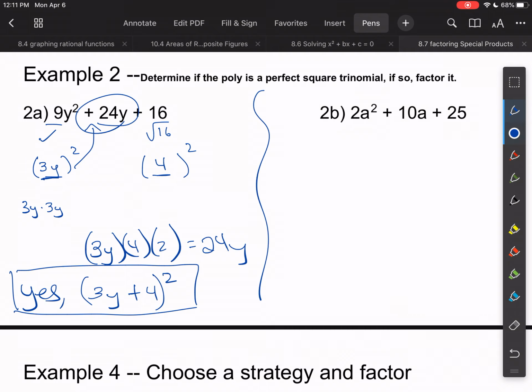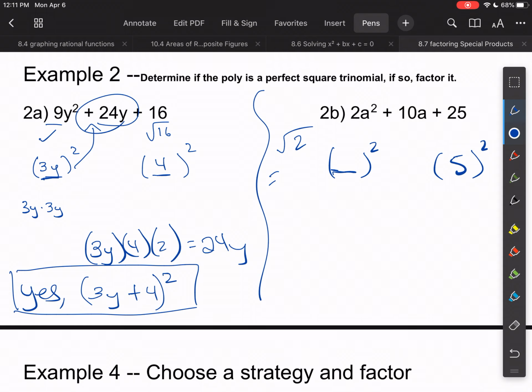I encourage you to try 2b on your own and then pause the video and then come back to it, but here we go. Can I rewrite 2a squared as something squared and 25 as something squared? Well, this can be, but what times itself gives me 2? There is no square root of 2. I mean, there is. It's some kind of decimal, right? So there's not a nice number that we can use for the square root of 2.